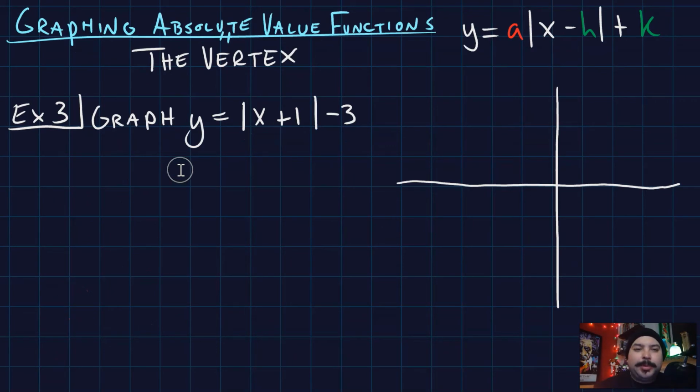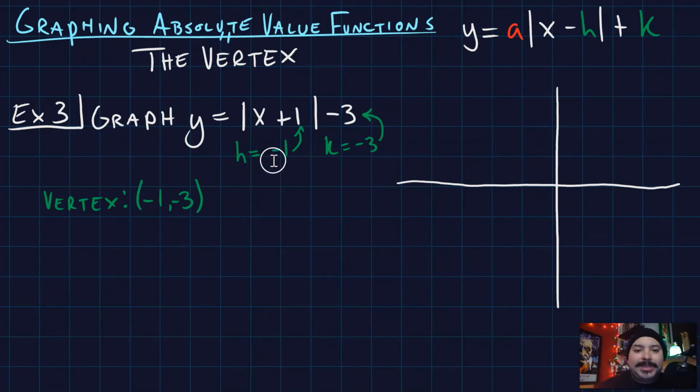In example 3, we will graph the equation y equals the absolute value of quantity x plus 1, then minus 3. Once again, we'll start with the vertex. In this equation, we have h equals negative 1, once again the opposite of what you see here. You see x plus 1, but the value of h is negative 1. The value of k is going to be negative 3 on the outside of the absolute value. Notice how the value of k does not change sign.